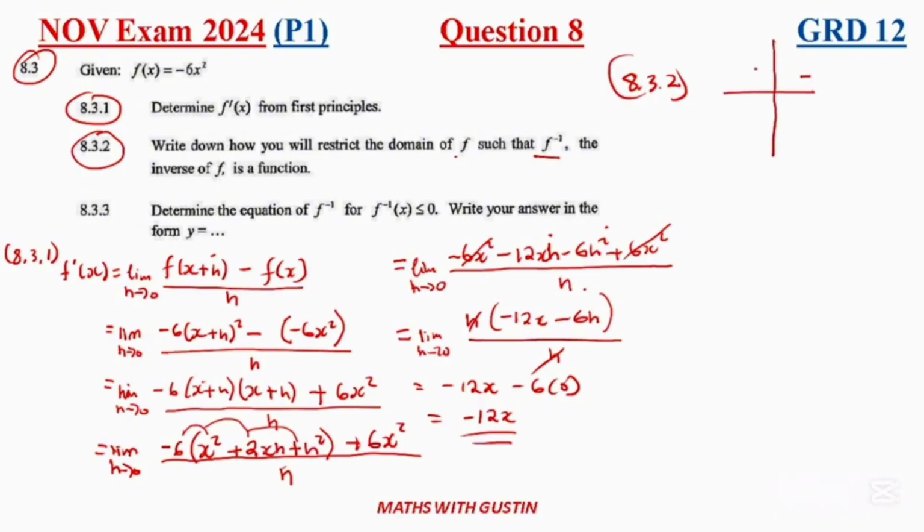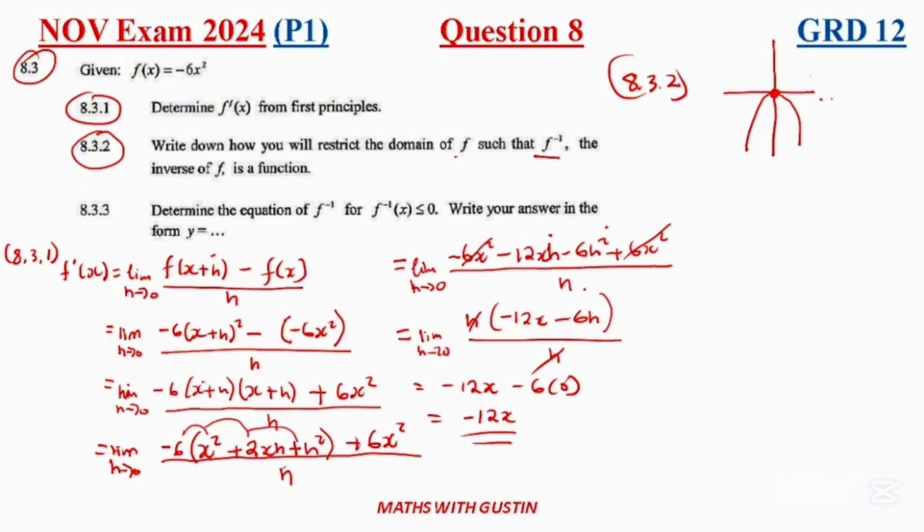In this case, this function is like that. They just want you to know, if you were to constrain this function, it touches somewhere here. If you were to break this thing apart, how will you ensure that this thing remains as a function?